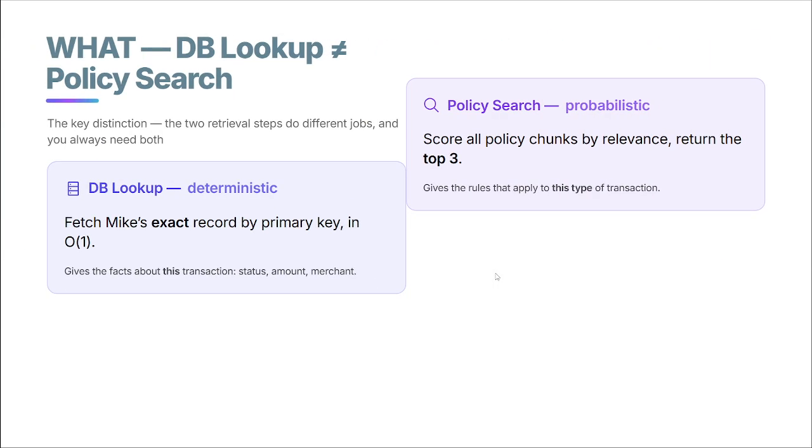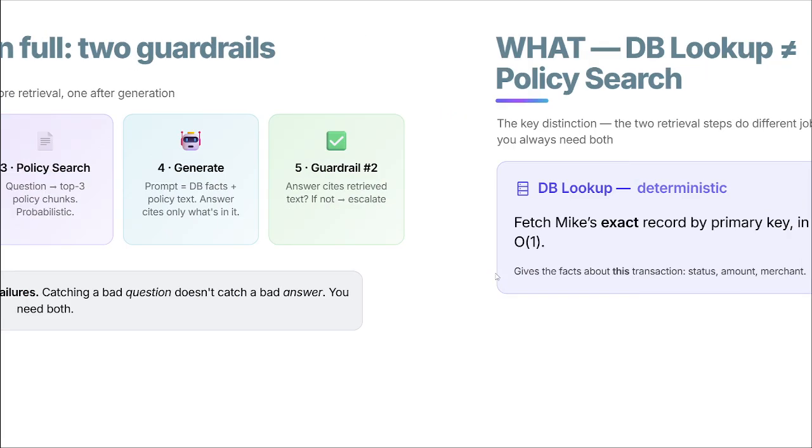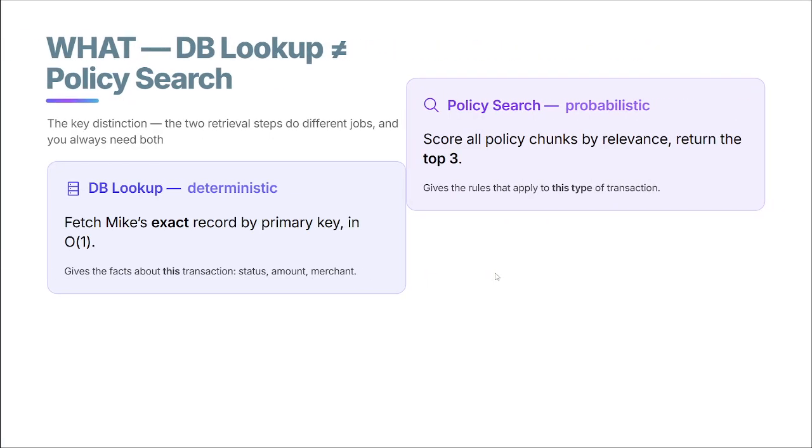Now just to make a key distinction between the two boxes in between, around DB lookup and policies, they are not the same. They are doing two different jobs, and we always need both. The first one is the data store lookup, where when Mike asks why the transaction is pending, we go and query the actual data store for Mike's transaction ID, and we get a response back.